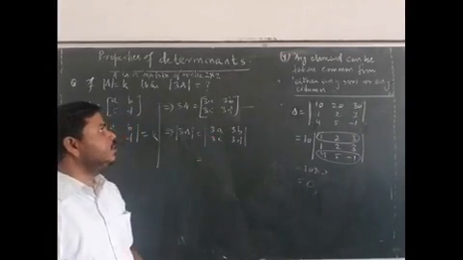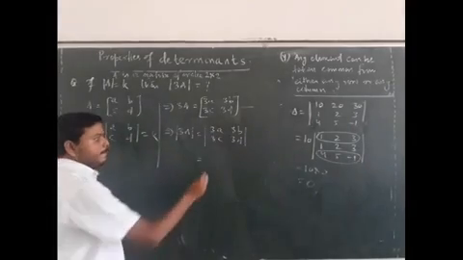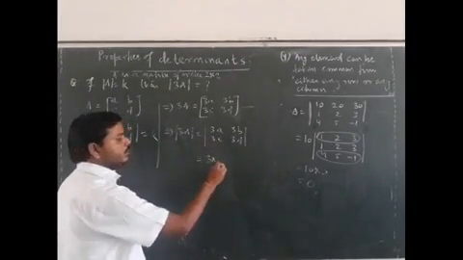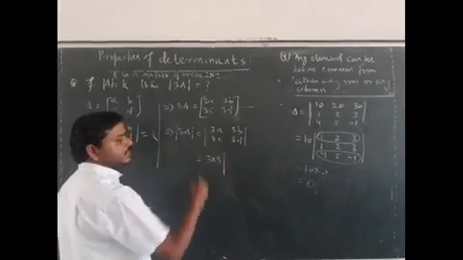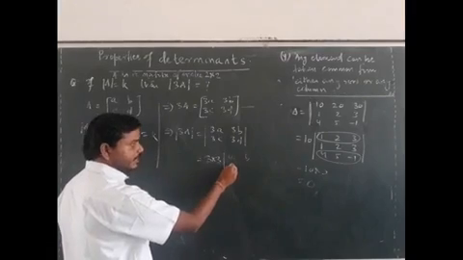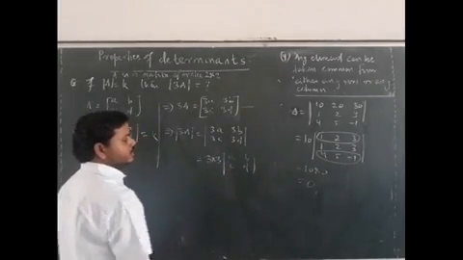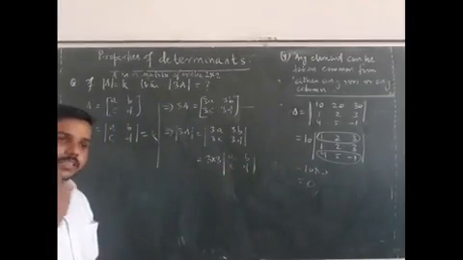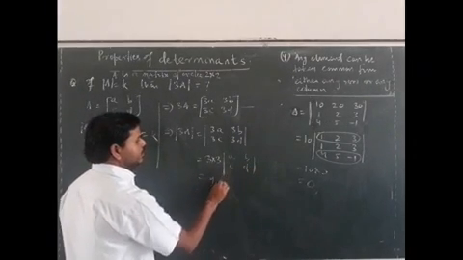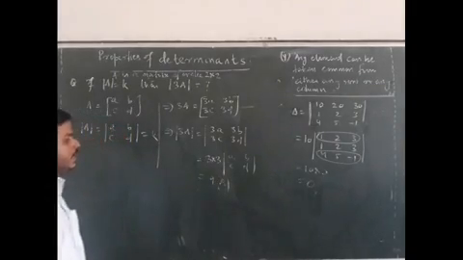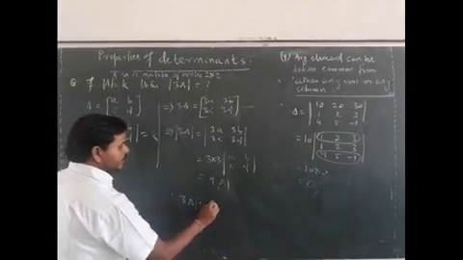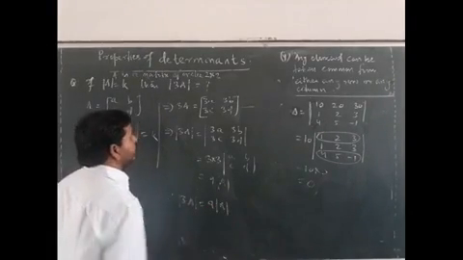So, I have to take 3 common from the first row, and 3 common also from the second row. After taking 3 common from the first row, the remaining things are A, B. Here 3 common from the second row, the remaining is C, D. Since it is a determinant, I have to take common from either any one row or any one column. That is 9, and this one is nothing but the determinant of A. So here the determinant of 3A is 9 into the determinant of A.